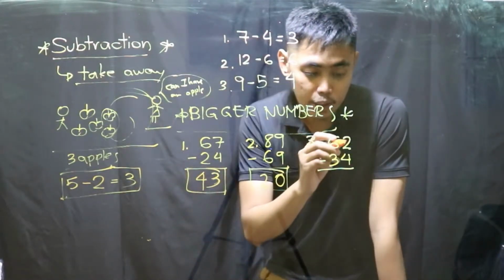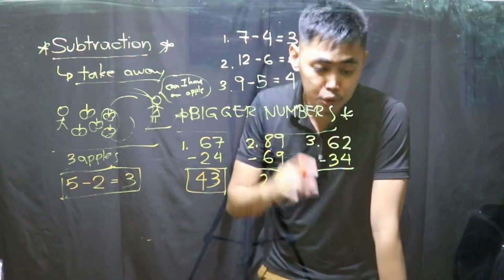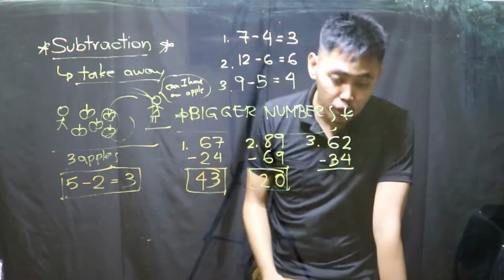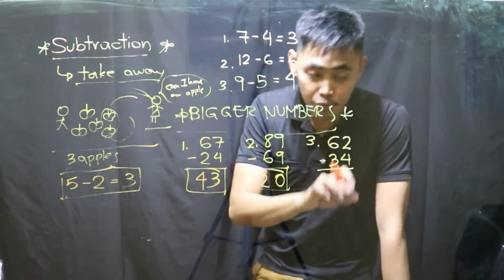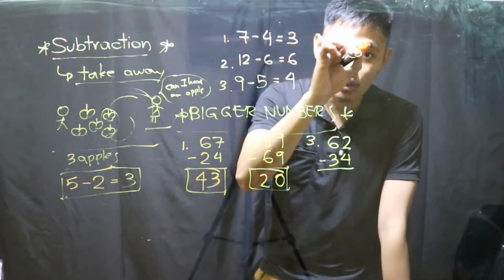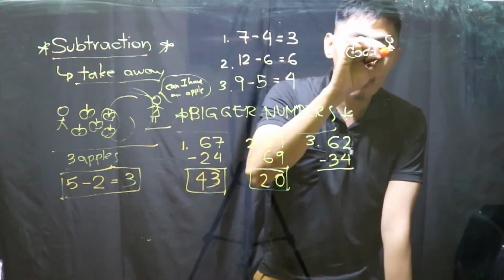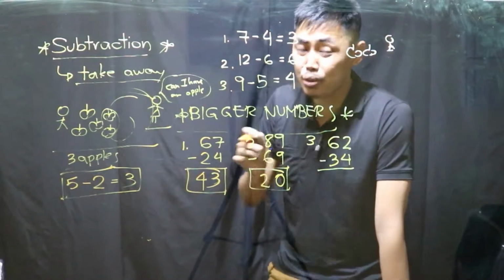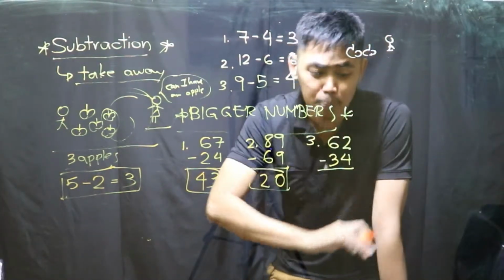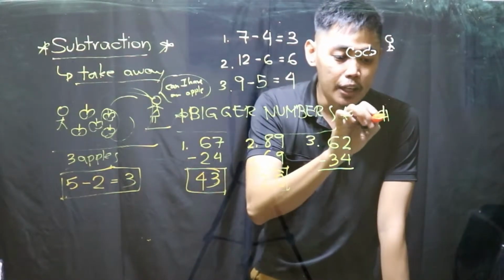At first, we will say 2 minus 4, but we cannot actually subtract 2 minus 4 because 2 is smaller than 4, right? If you have 2 apples, and then this lady will say, "I want to take 4 apples." She cannot do that because there are only 2 apples.